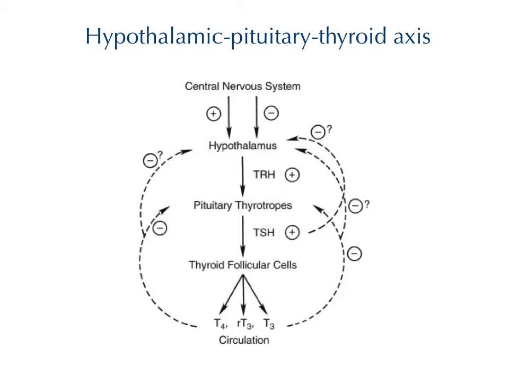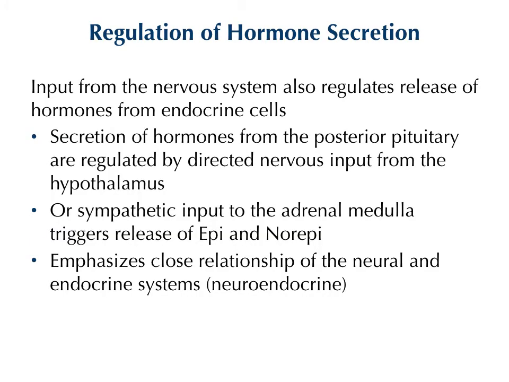The thyroid stimulating hormone will then stimulate the thyroid gland to release things such as T4 or T3. And these, you can see, have either positive or negative feedback loops on both the pituitary thyrotropes and the hypothalamus. And we'll go over this in a little bit more detail in chapter 26.